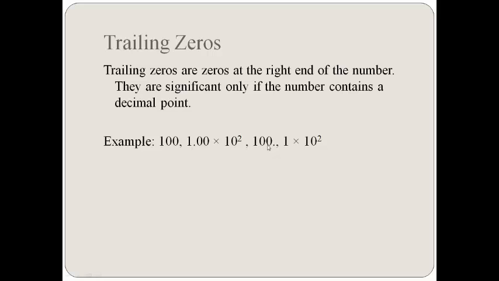Next one is 100 with a dot. The difference between this example and the first is that we have this dot here. Again we have trailing zeros, but since we have a decimal point in this case, we need to count these two zeros. So we have 1, 2, 3, three significant figures.